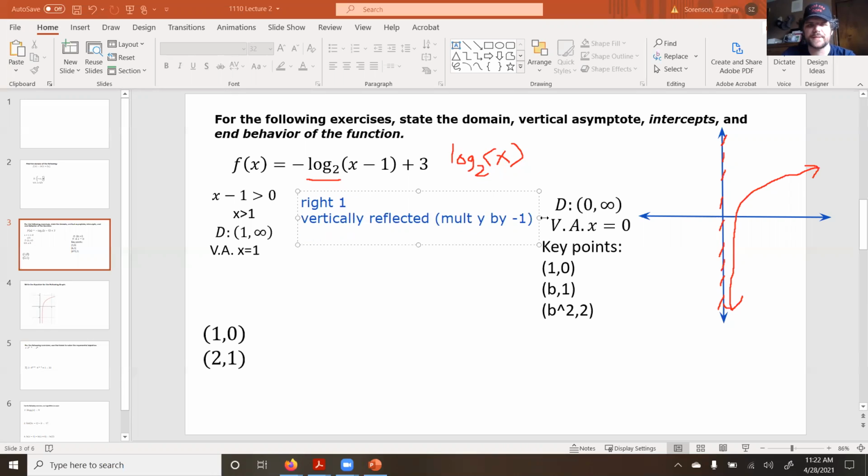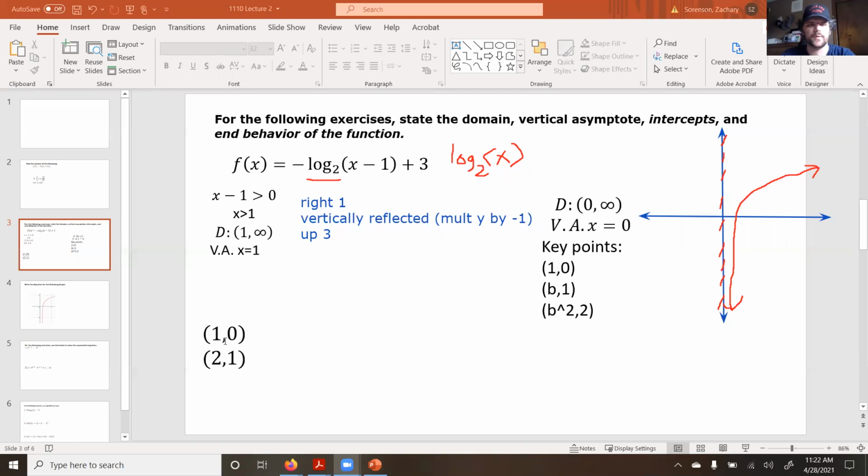Saying multiply by -1 is probably the least technical of statements, but it also shows me you know what that is actually doing to my key points. And now we can say up 3. Order matters, so it seems silly that I'm being very particular, but we can't write up 3 first and then vertically reflect. We have to follow the parentheses, then multiplication, then addition.